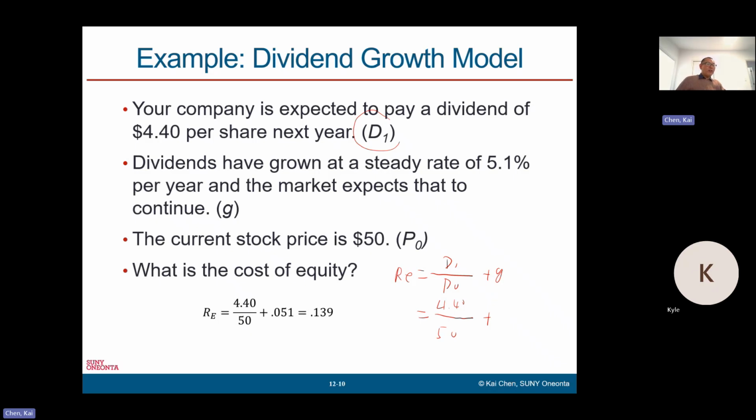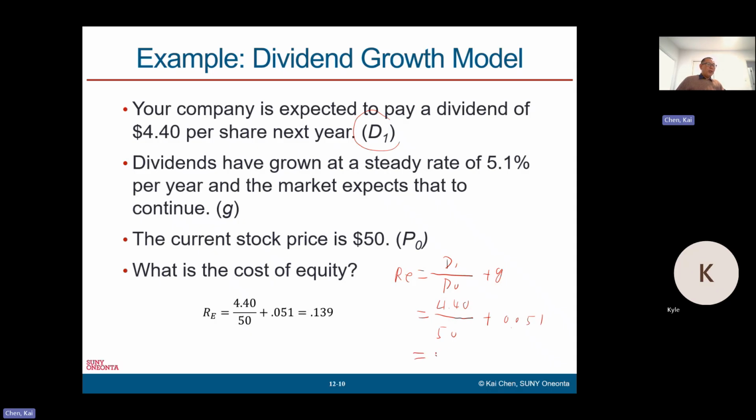Be careful: in the calculation, G should be in decimal form, that is 0.051.